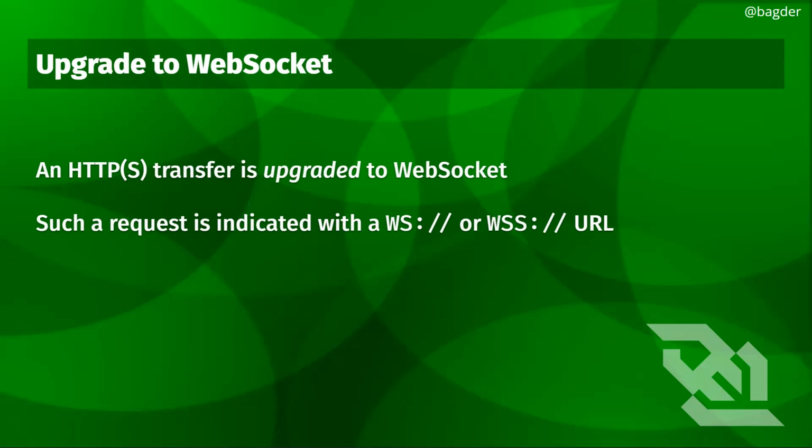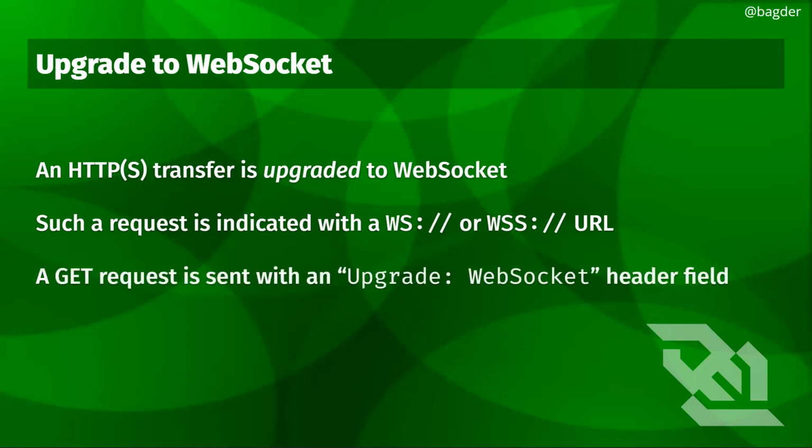And you signal this request, I want this HTTP request to upgrade to WebSocket, by using these dedicated URL schemes, WS or WSS, ://hostname, blah, blah, as usual. So basically, this is just like your ordinary HTTP or HTTPS URL, but you replace the scheme with these schemes. And that will tell libcurl that it needs to do a regular HTTP request and upgrade that into a WebSocket.